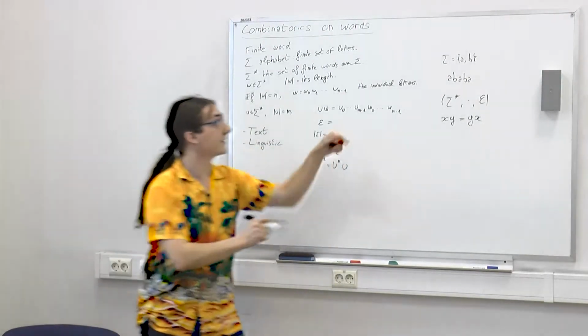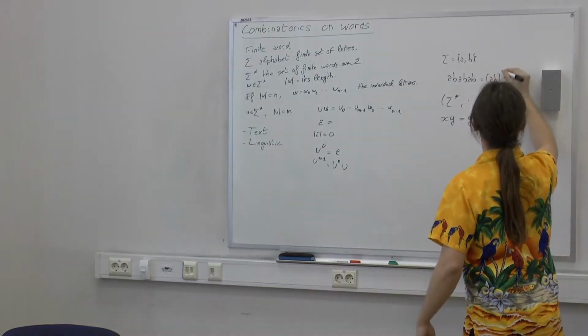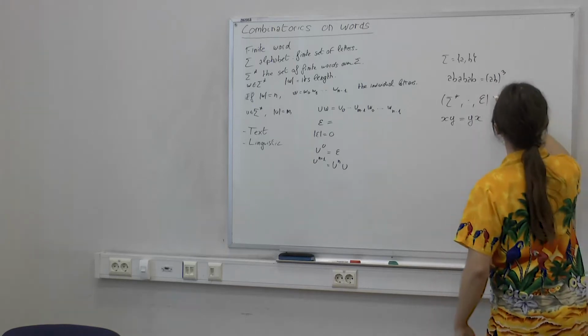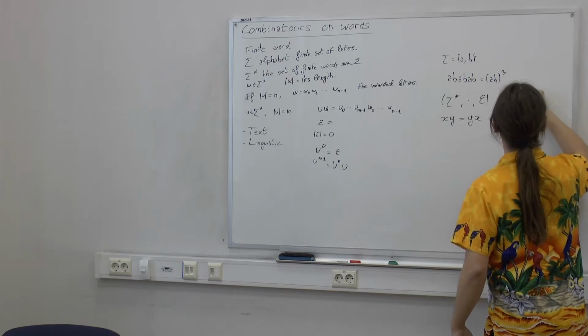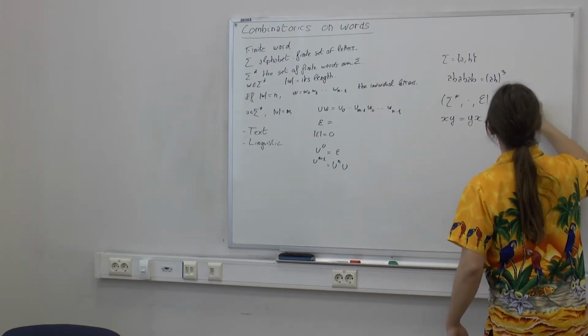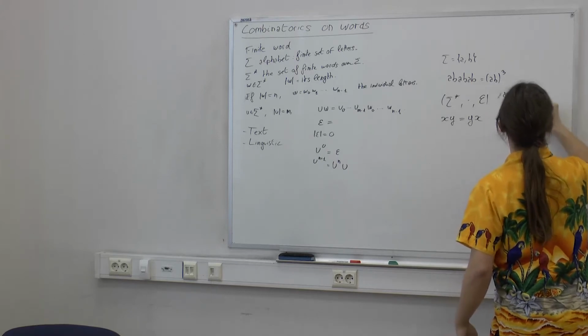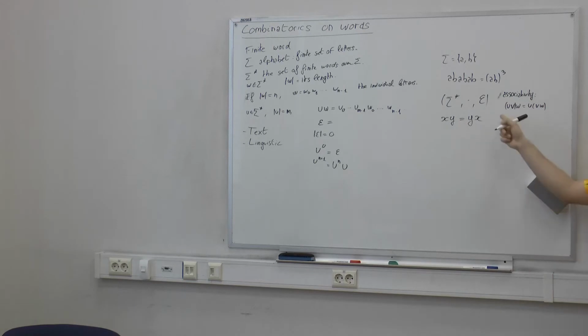So this would be AB to the cube. And because of associativity, (uv)w is equal to u(vw), so I will never write these parentheses, and we will concatenate things freely.